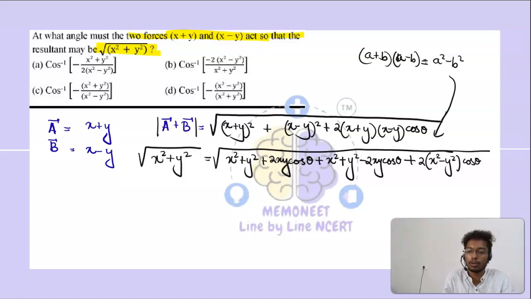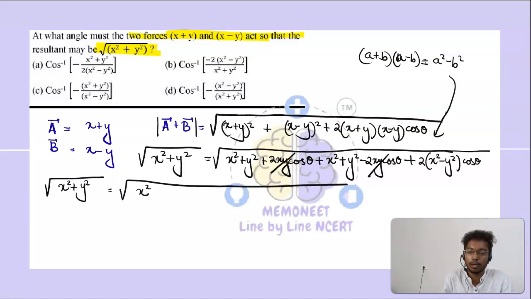Okay, so the resultant, under root of x square plus y square, is equal to, from here, 2xy cos theta and minus 2xy cos theta cut down, that is under root of 2x square plus 2y square plus 2 whole into (x square minus y square) cos theta.